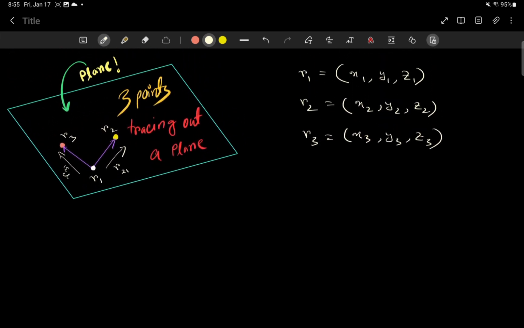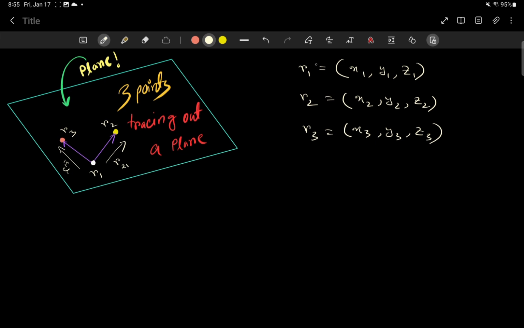We can consider these points and say these are the vectors, and these are the components of that vector, stated in a list manner. So R21 will be equal to R2 minus R1. This we should already know by now.